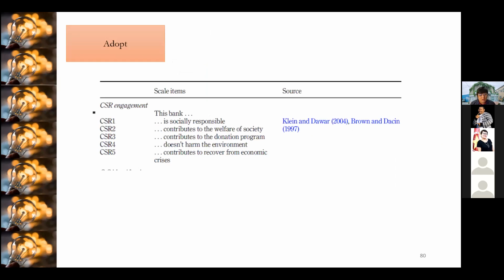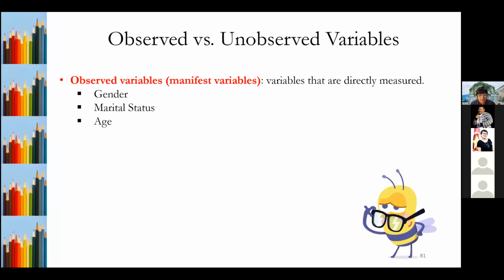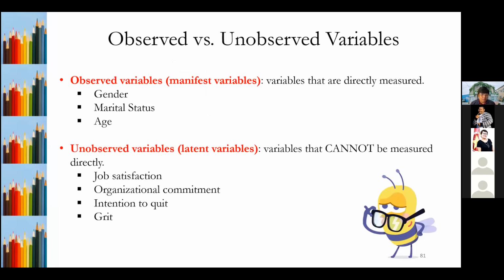So we mentioned yesterday the difference between observed and unobserved variables. Observed variables are also called manifest variables. These are variables that can be directly measured, such as, for example, the gender, the marital status, the age of the respondents. So we call them observed variables or manifest variables.